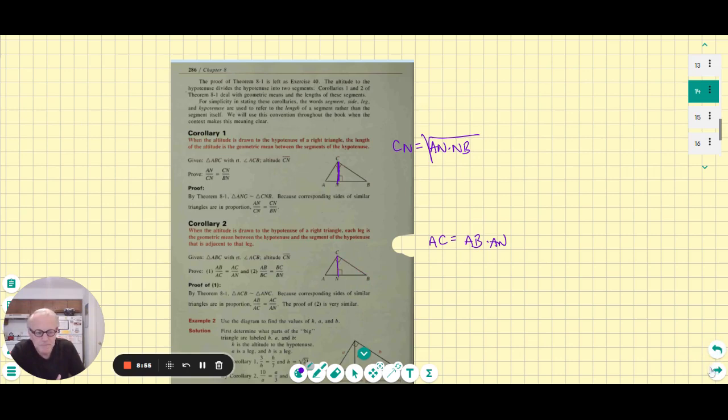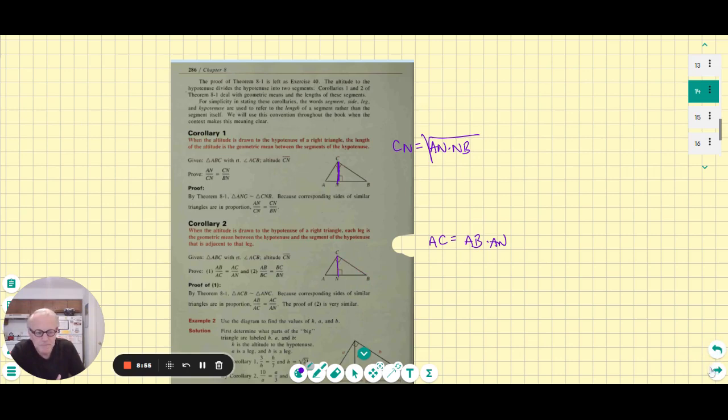Then for finding Y, we use corollary 1, and that says 16 over Y equals Y over 2, because we already found W was equal to 2. So now we know the length of the two segments created by putting the altitude to the hypotenuse.